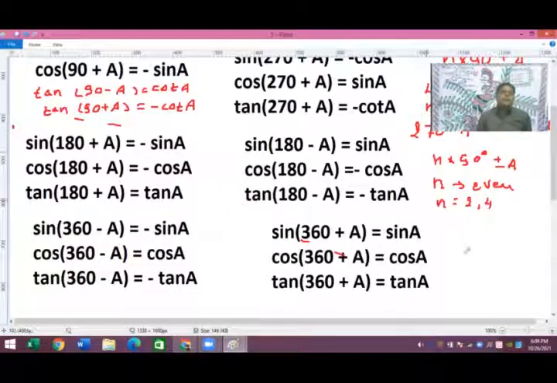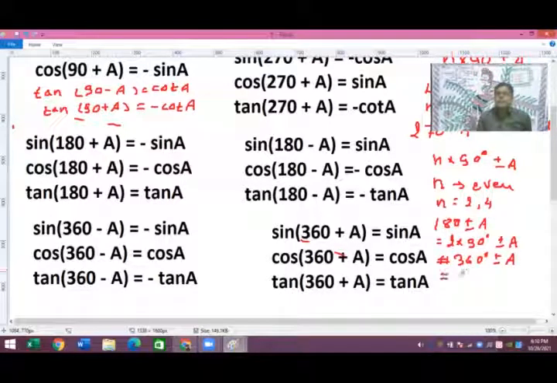Alright, so for example if you are going to say it is 180 degrees plus or minus of angle A, that means it is 2 times 90 degrees plus minus A. That means n is an even number of times 90 degrees plus minus A. And similarly, if you would like to check for 360 degrees minus A and plus A, in that case it is 4 times 90 degrees.